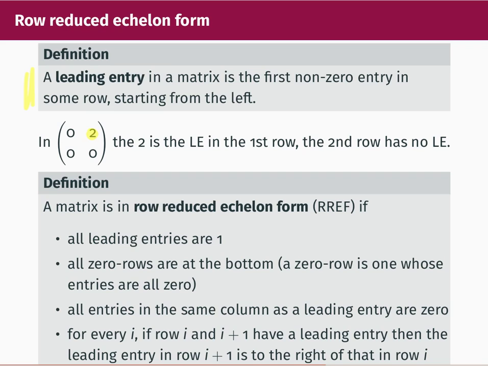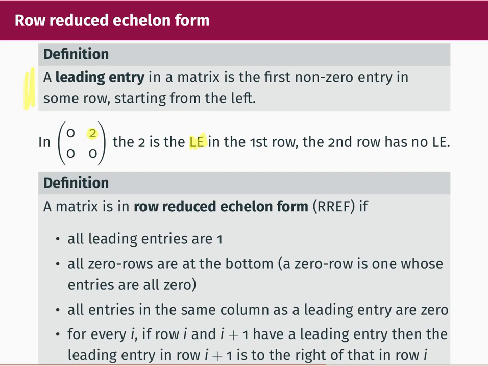The second row doesn't have any leading entry at all because it doesn't have any non-zero entries. So a given row of a matrix may or may not have a leading entry, and if it's all zeros, then it doesn't have a leading entry. But if it's not all zeros, then the leading entry is the leftmost non-zero entry. We'll often say LE as short for leading entry because it's a phrase we're going to use a lot.